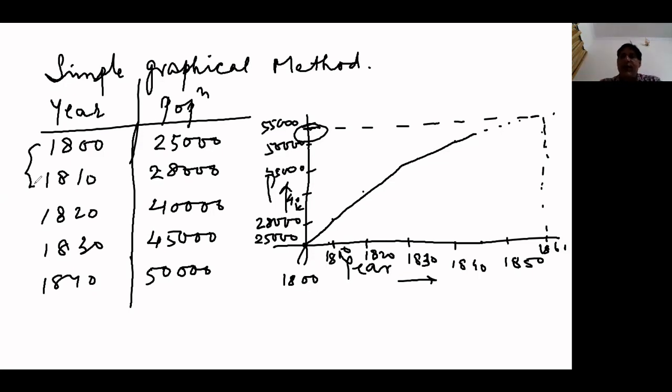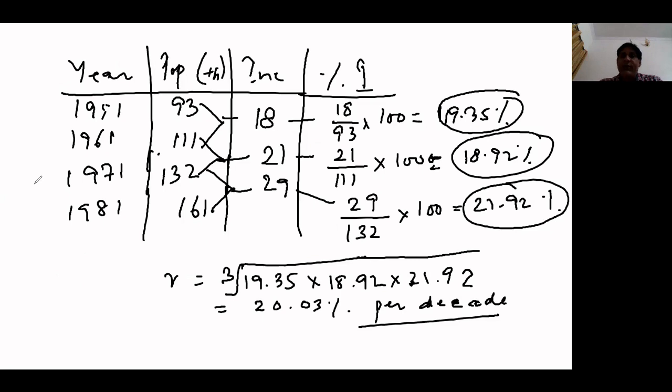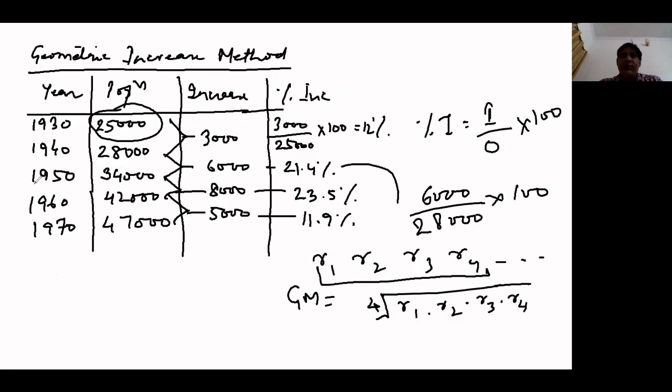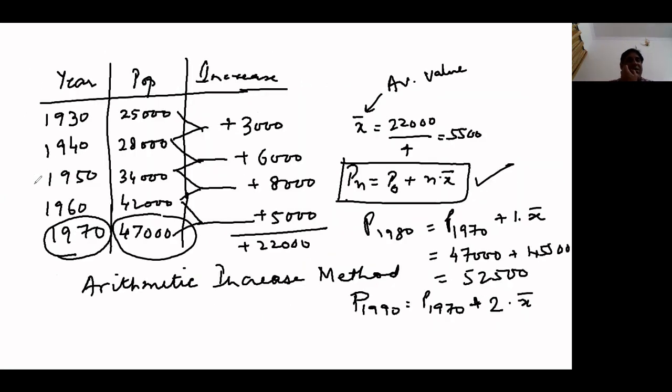Now, again, if I go back to my first method, that is the arithmetic increase method. The population of 1980 was 52,500, right?